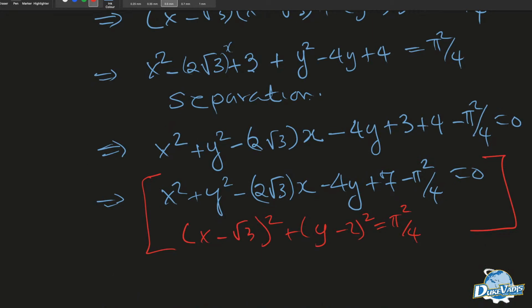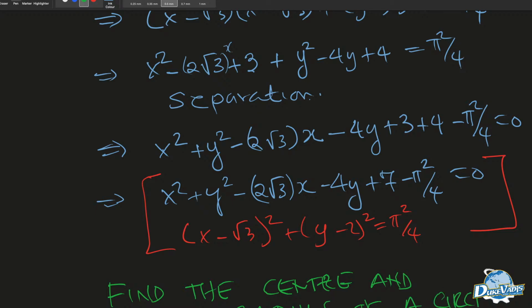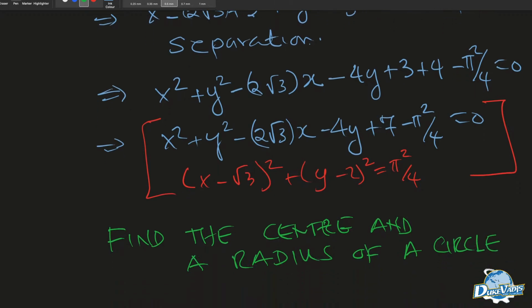They can give you a question and ask you to find the center and the radius of a circle with a known equation.